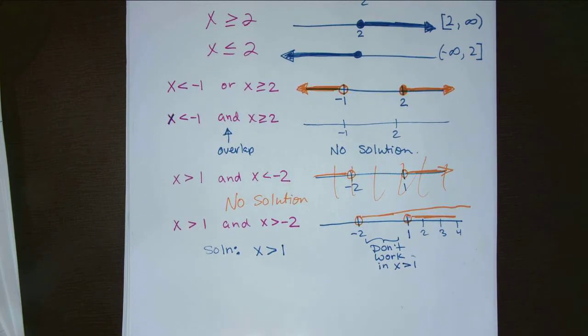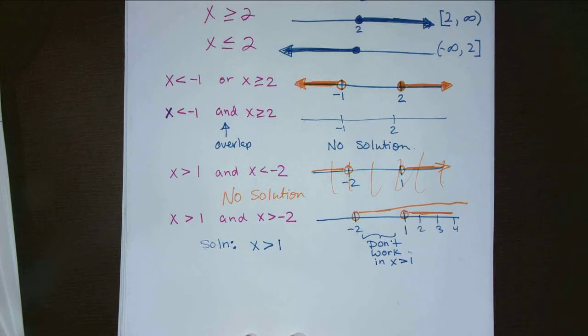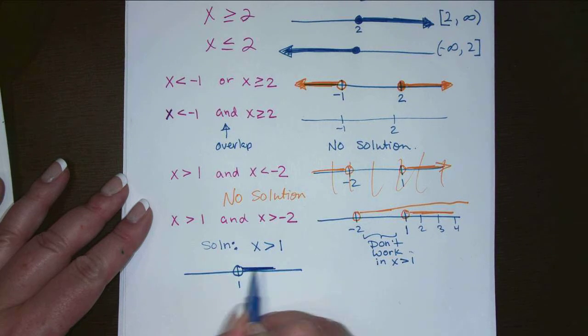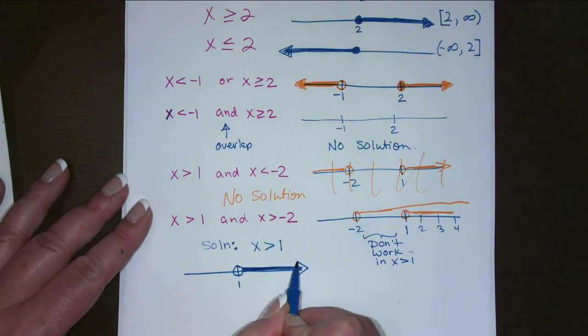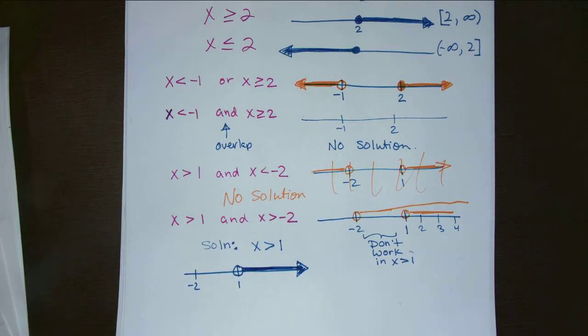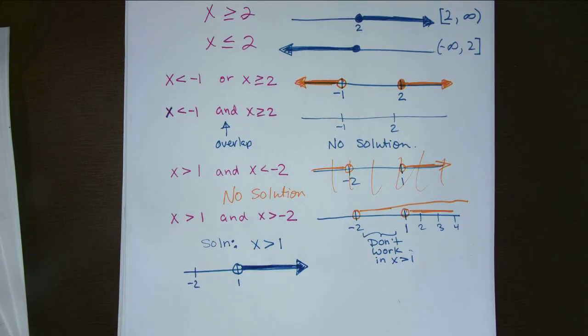Because they're not greater than 1. So you have to look at the overlap. You can put the negative 2 on there if you wanted to, but it really has nothing to do with the solution. All right, so sometimes one whole piece is not necessary to the solution. Really all we needed was that part.